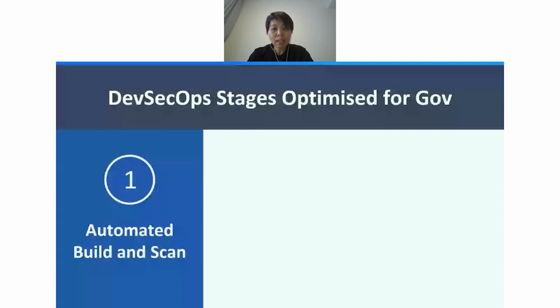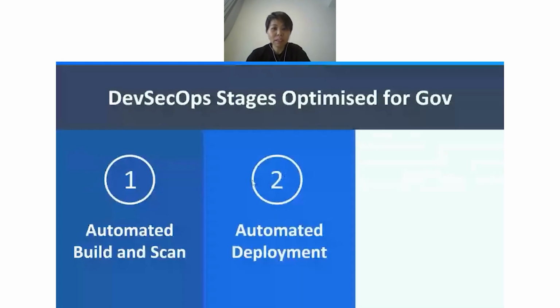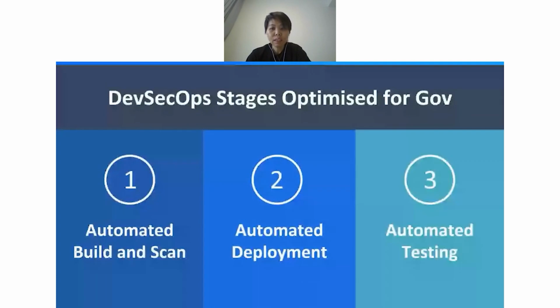Now, static here means that your application doesn't need to be running for all these tests and scans to take place. Now, stage 2 is about automating deployment. And stage 3 is about automating dynamic kind of tests. For example, automated regression tests and dynamic application security tests. This kind of dynamic test will require your application to be actually running.